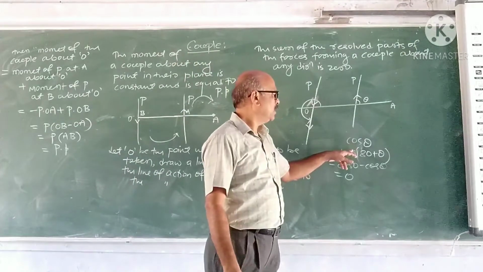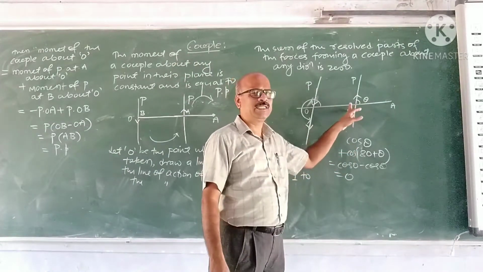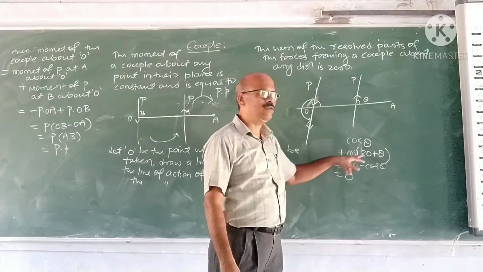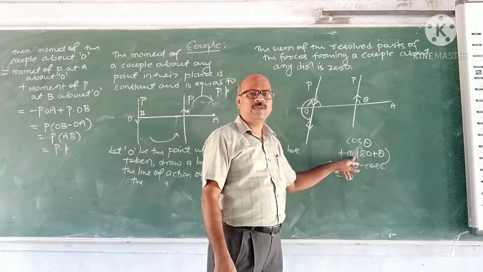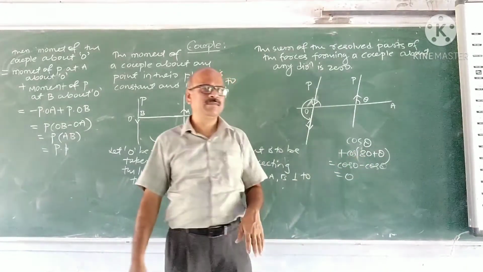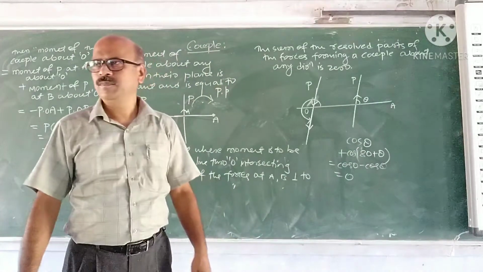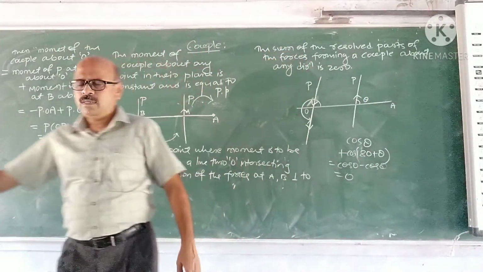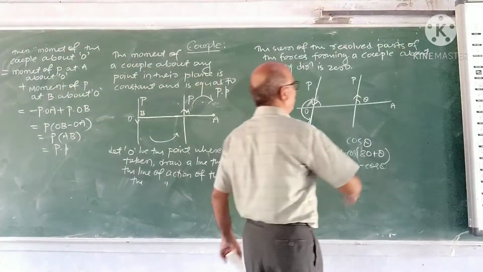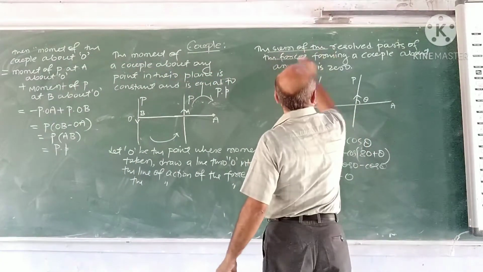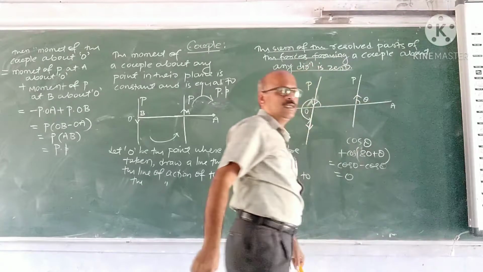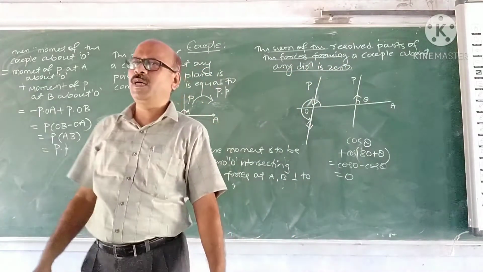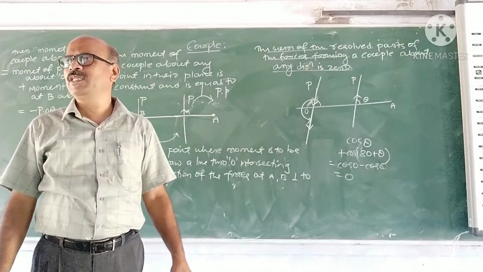Similarly, if you take the resolved part perpendicular to this direction, then sin theta plus sin of 180 plus theta; sin of 180 plus theta is minus sin theta, so it is also 0. The sum of the resolved parts of the forces forming the couple about any direction in the plane of the couple is 0.